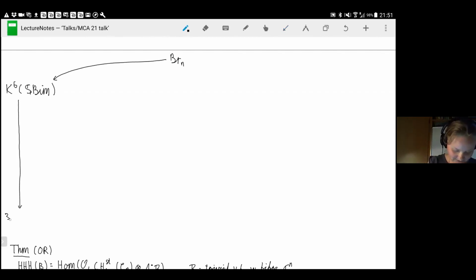This landed us with a triply graded vector space. But there are other ways to get this construction. One of them is using matrix factorizations.